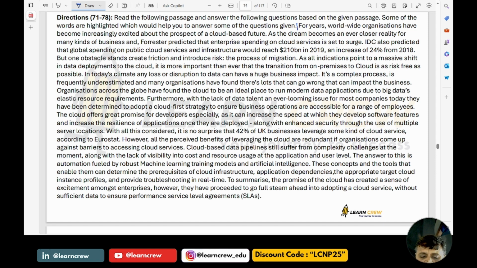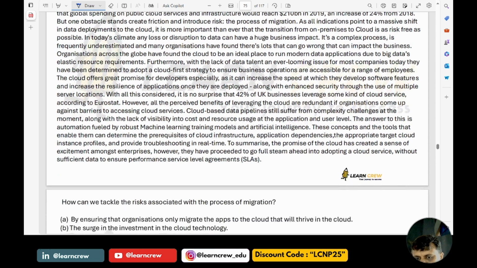To summarize, the promise of the cloud has created a sense of excitement amongst enterprises. However, they have proceeded to go full steam ahead into adopting a cloud service without sufficient data to ensure performance service level agreements. Okay, this is the passage given.